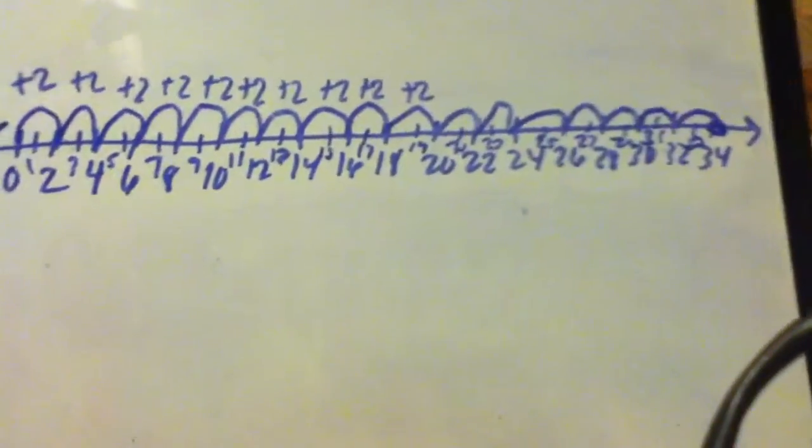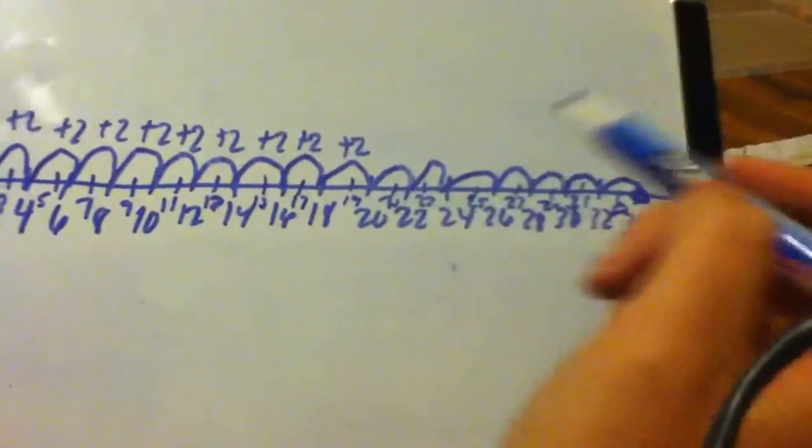Doing this would just make it go by a lot faster because you're skipping these middle numbers.